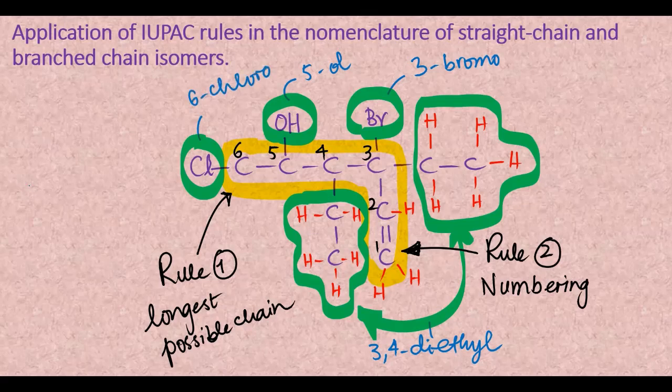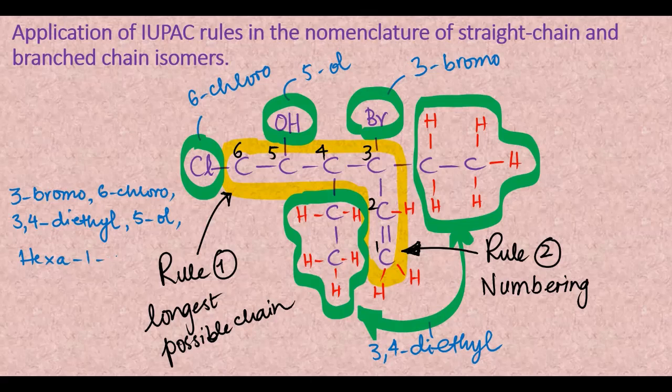All these branches should be written in alphabetical order. So first of all, we'll write down 3-bromo, 6-chloro, 3,4-diethyl, 5-ol, hexa-1-ene, which is the name of this compound according to IUPAC rules.